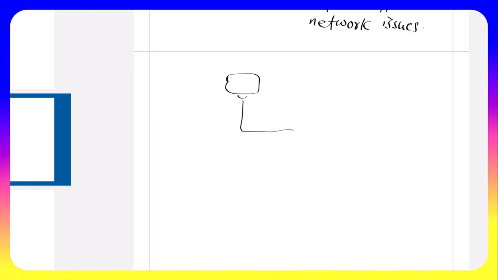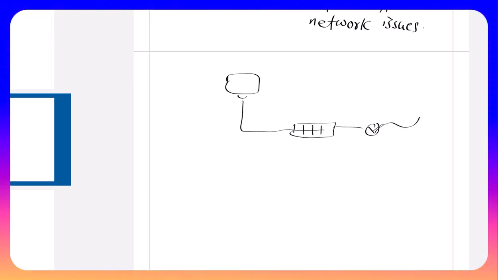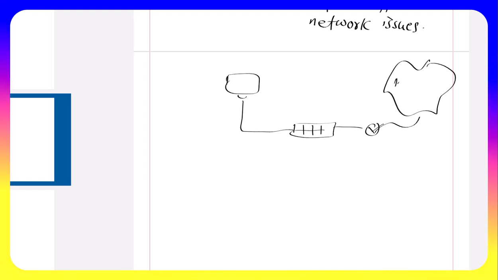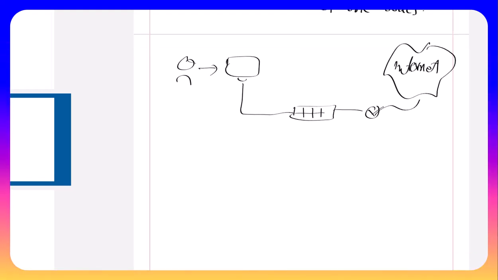For example, here I have a PC. The PC is connected with a network. A user is using this PC. How will this user be reported about any network issue, maybe here, or maybe over the internet?